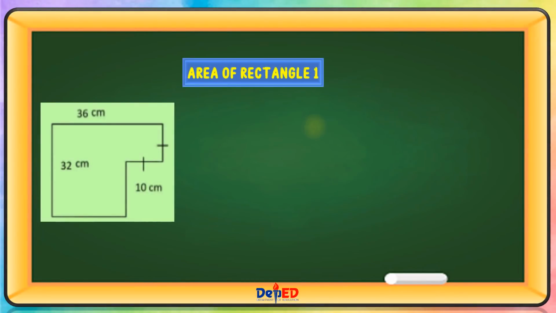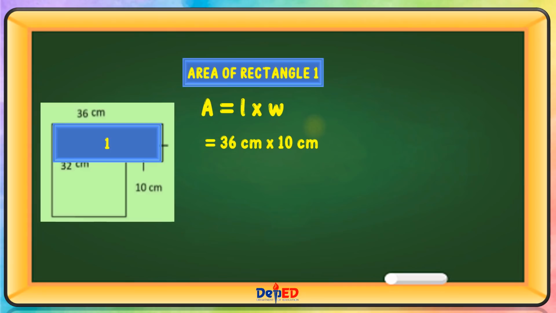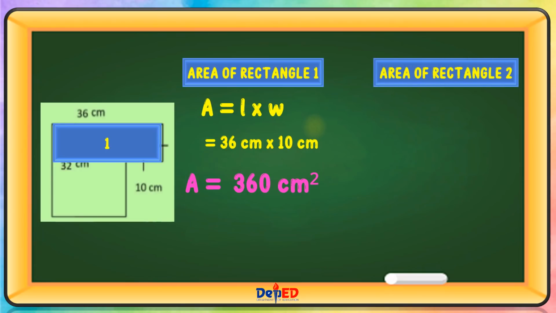Area of rectangle 1. Ang ating formula ay length times width. Ang ating length ay 36, ang ating width ay 10. 36 times 10 equals 360 cm squared. Area of rectangle 2. Ang ating formula ay length times width.